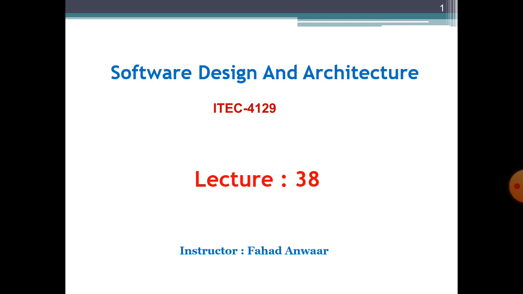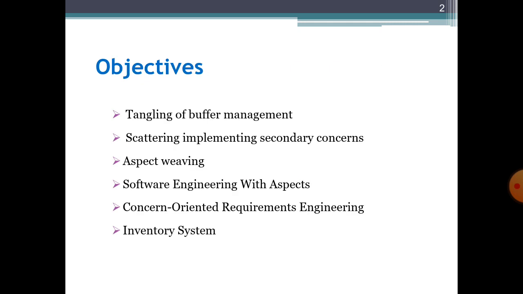So students, let's formally start today's lecture discussion. Here is a brief overview of the objectives of today's lecture. In this lecture I will give you an example of tangling and scattering, what they actually are, so you will get a clearer idea about these two terms.